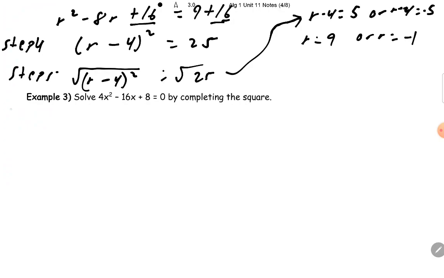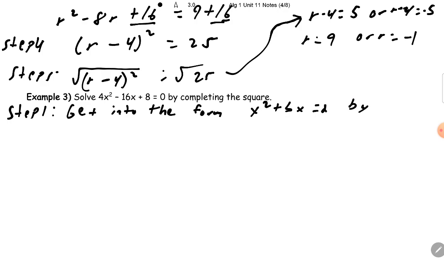Alright, example 3. So this is where we need to convert it into the form. So we need to get it into the form x squared plus bx equals d by first dividing all terms by a.